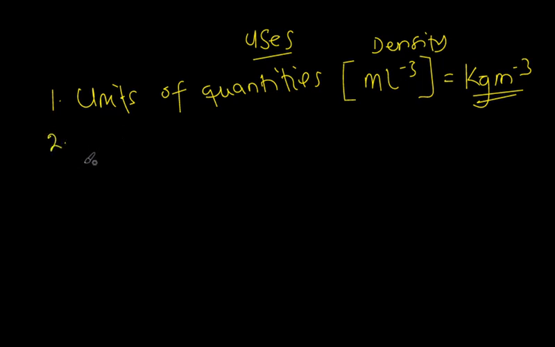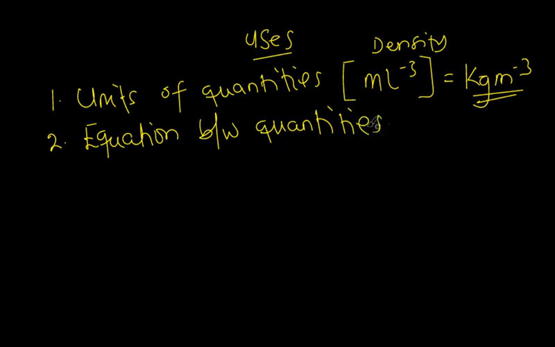Now, two, it can be used to find what? An equation between quantities. So it can be used to derive an equation between quantities. What do we mean by this? This simply means whenever we have, let's say, force, and it depends on maybe the length, the density or something, we want to know how they are related.